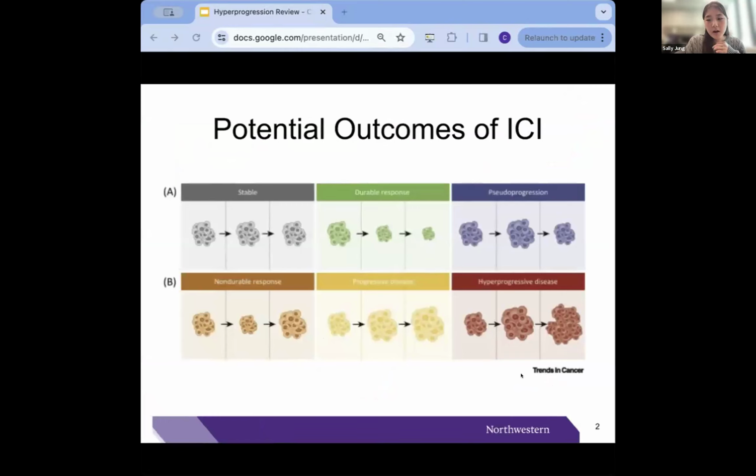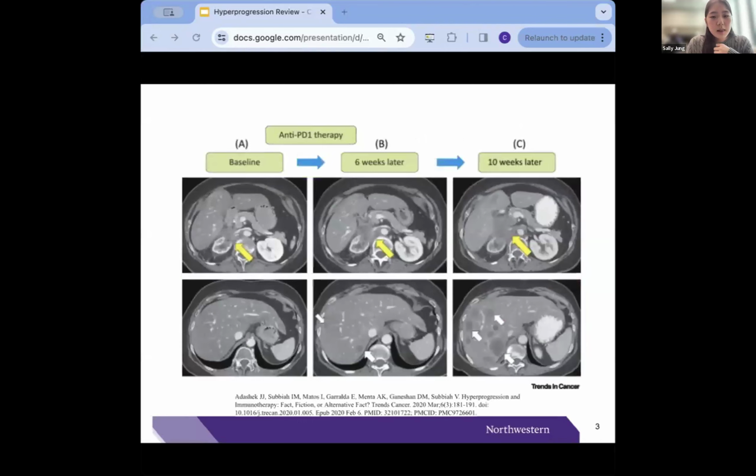As we know, here in the red, progressive disease is where tumor growth becomes evident on imaging, and it grows rapidly after getting immunotherapy. So this is just a case study of a female in her 60s with renal cell carcinoma. The tumor showed significant progression with nivolumab.